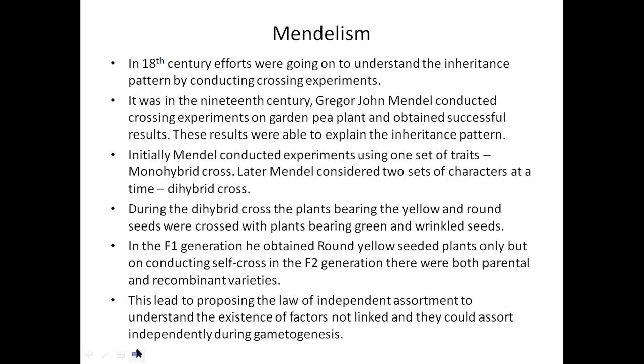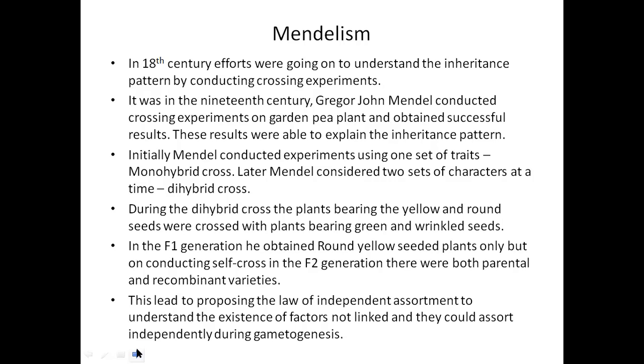The characters he considered were the color of the seed and the shape of the seed. He considered plants with round yellow seeds and plants with wrinkled green seeds. These were the parental plants selected by Mendel for the crossing experiments.